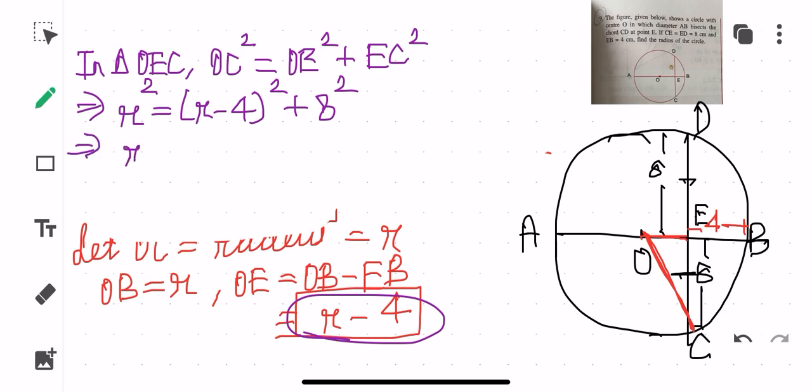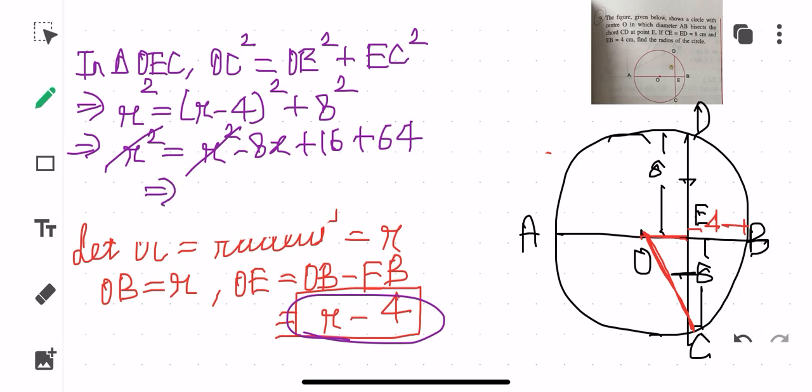This implies R square is equal to, just expand this, R square minus 8R plus 16 plus 64. Is that right? Now see, this R square is going to get cancelled. So 8R if it goes that side, it gets 8R is equal to 80.